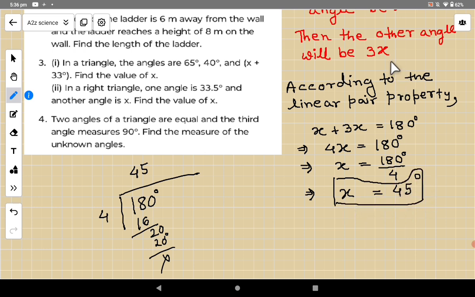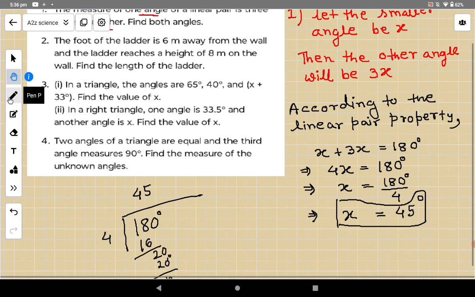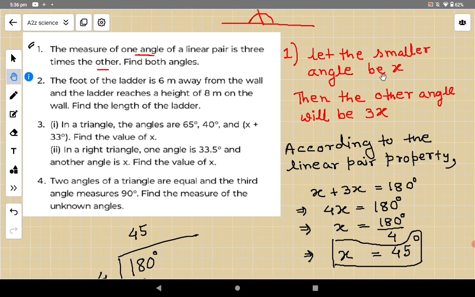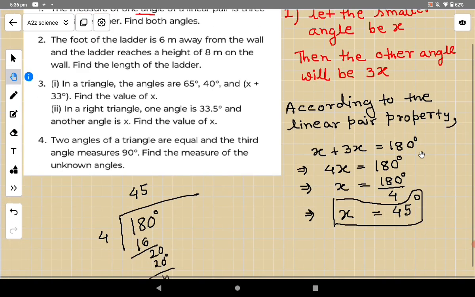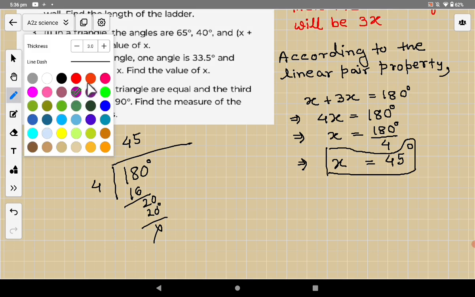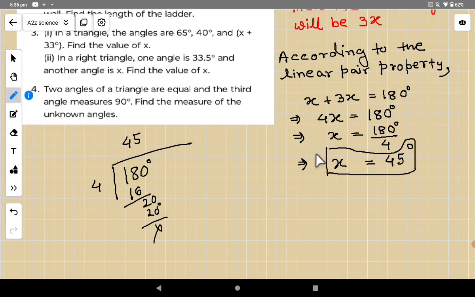So we have the value of x, that means we get the smaller angle. So what will be the other angle? Let's find the other angle. So the angles are x equals 45 degrees and the other angle is 3x.